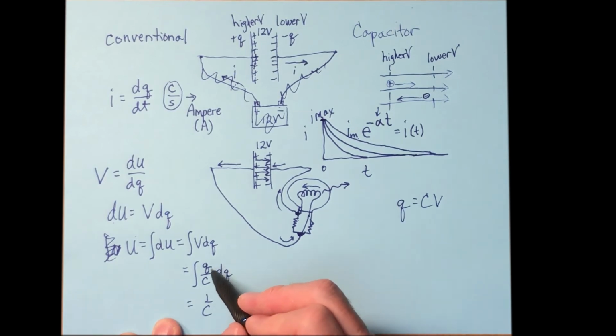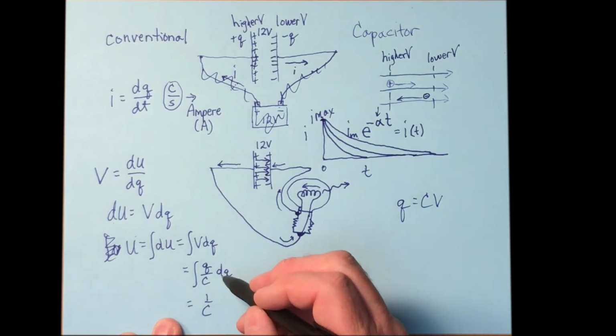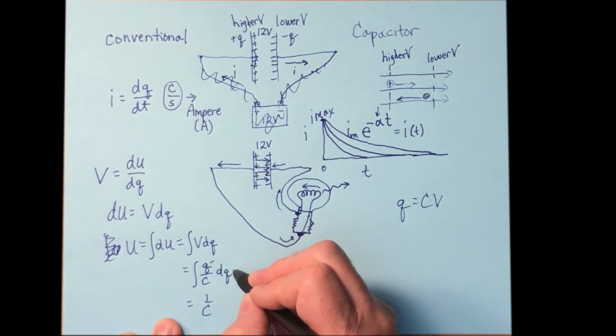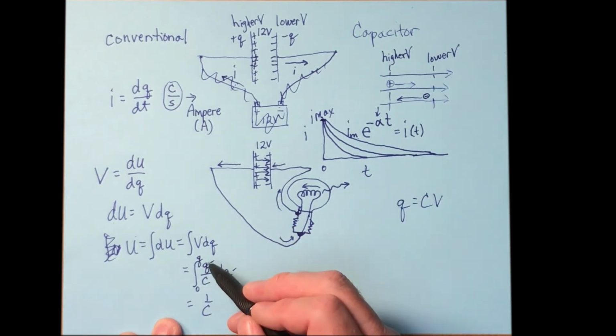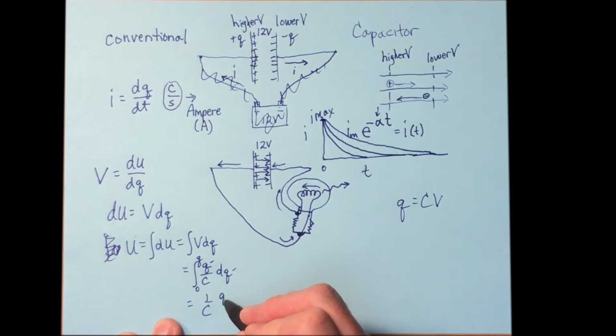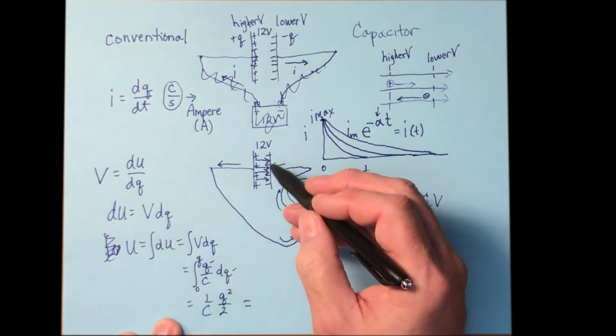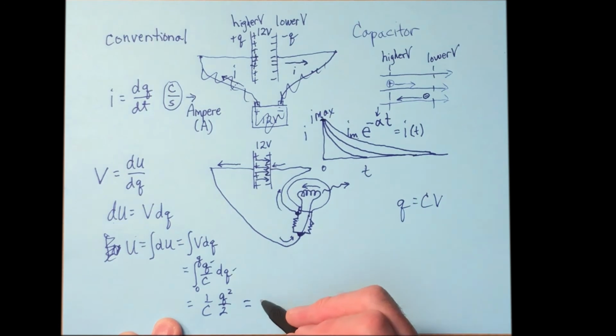And when we integrate Q dq, going from 0 to Q to give a definite integral, the point is that's going to end up being Q squared over 2. So the amount of energy contained within the capacitor is equal to Q squared over 2C.